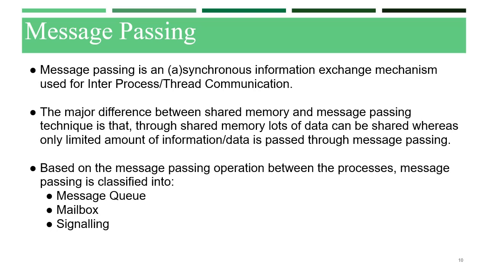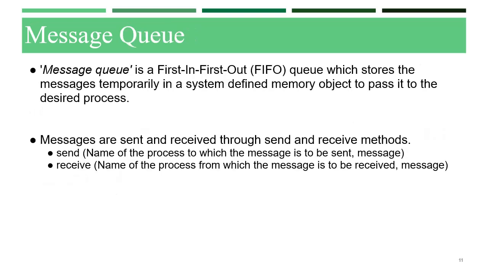Also, message passing is relatively fast and free from synchronization overheads compared to shared memory. Based on the message passing operation between the processes, message passing is classified into message queue, mailbox, and signaling.